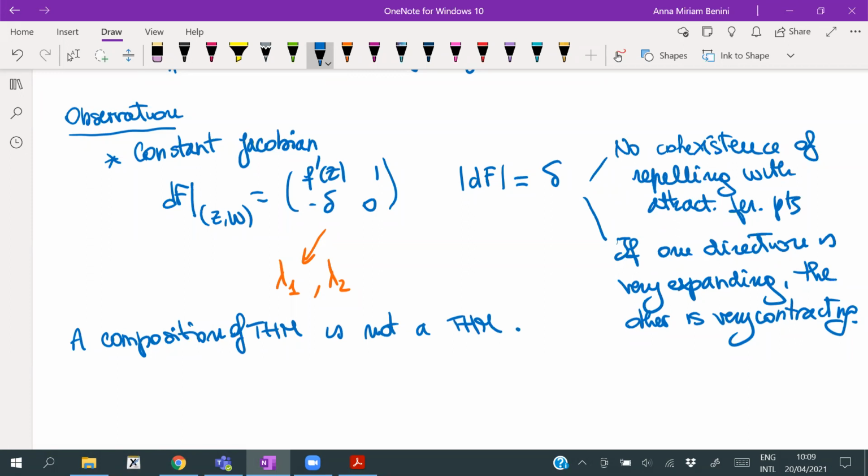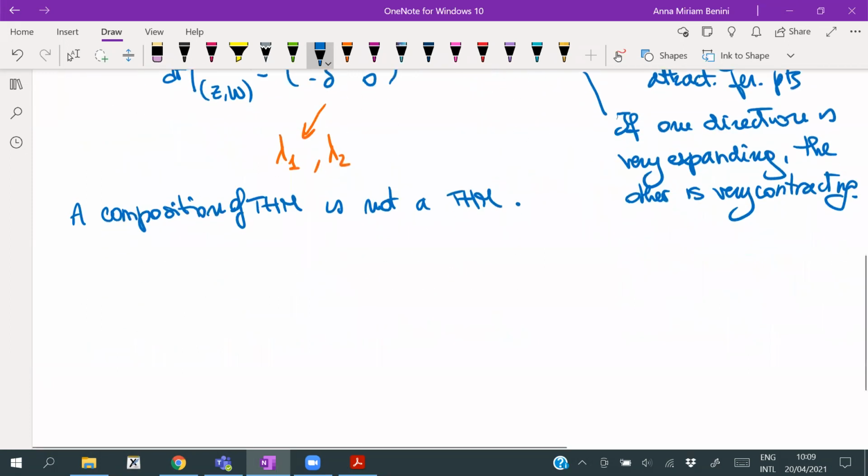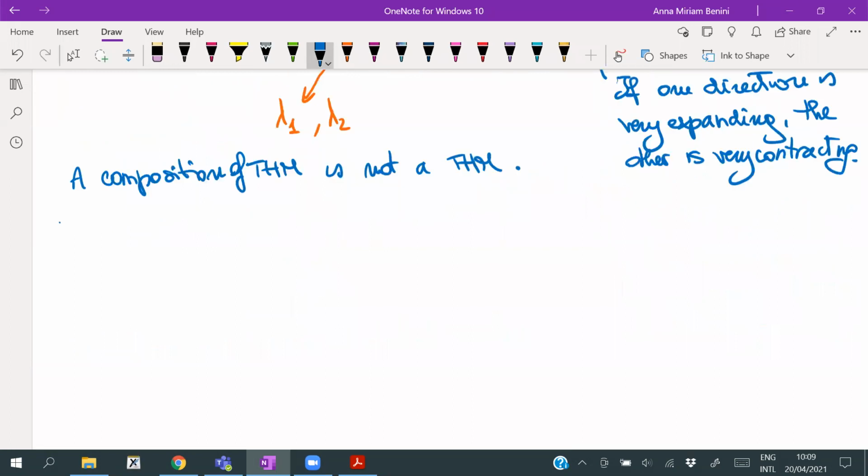Okay, so the very first thing that I would like to look at are periodic points. We all know the definition of periodic points.